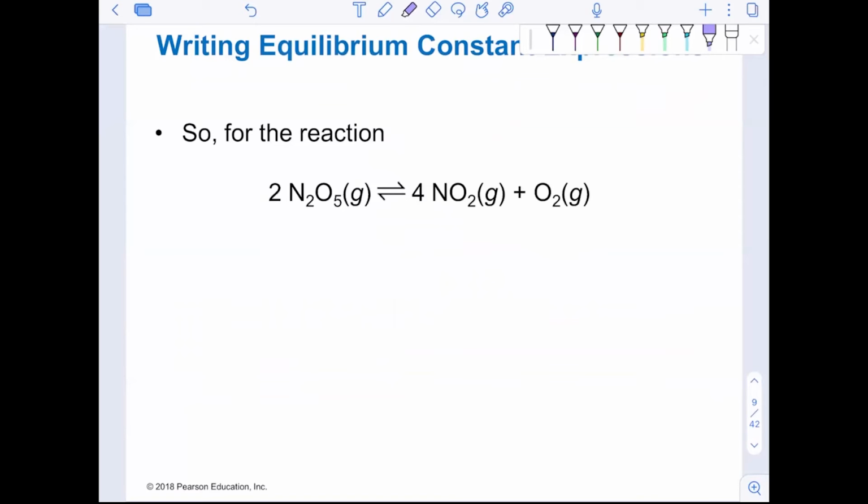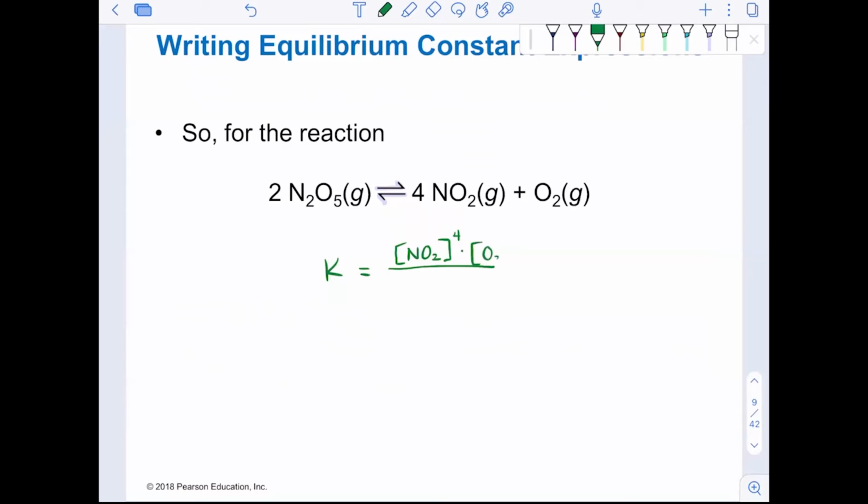Here's a reaction. We know it's at equilibrium because we see the equilibrium arrows. So we can write the K, remember it's products over reactants. One product I see is NO2. It's got the coefficient of 4 in front of it, so we put that NO2 concentration to the 4th power.